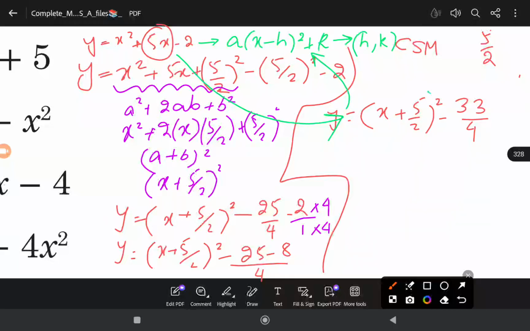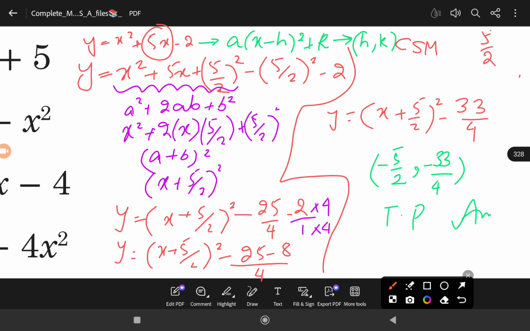You can see that our equation is the same as the standard form. h is negative 5 over 2 here and k is negative 33 over 4. There should always be a negative sign with h, but here we have a positive sign, so we need to convert this positive sign into negative to get h. So this is the turning point of this quadratic equation.